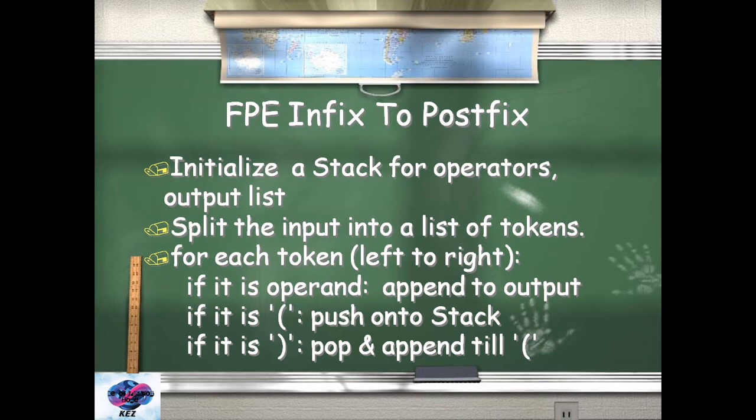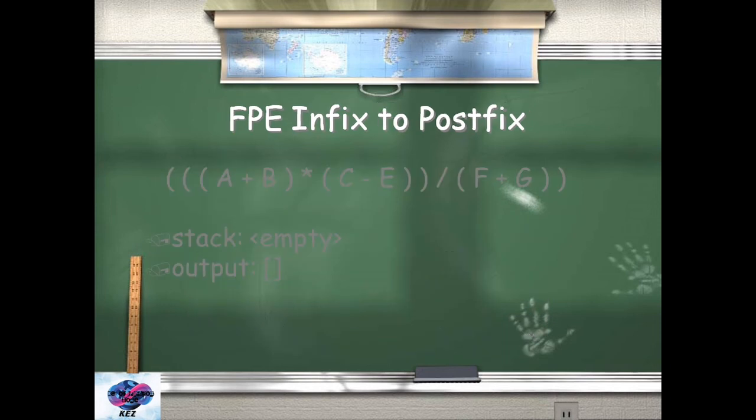If it is an operator, push it onto the stack, and if it is a closing parenthesis, pop and append till the end. So this is known as our infix to postfix conversion algorithm. I think this algorithm is very clear to you. Here I am writing just the steps, not the pseudocode.